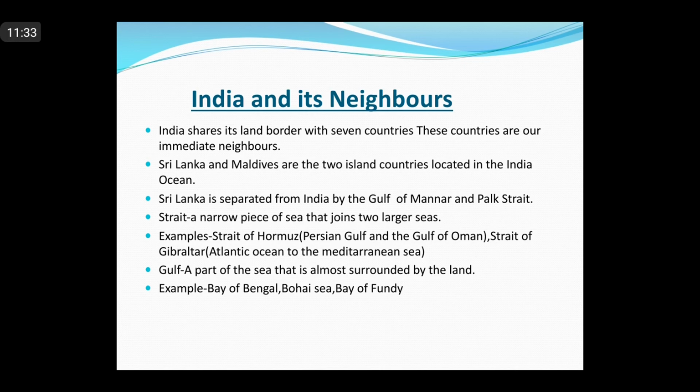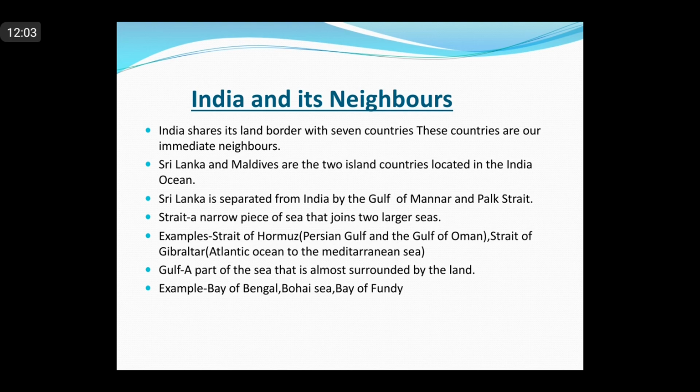This natural barrier has contributed towards evolving a unique regional identity of the Indian subcontinent.